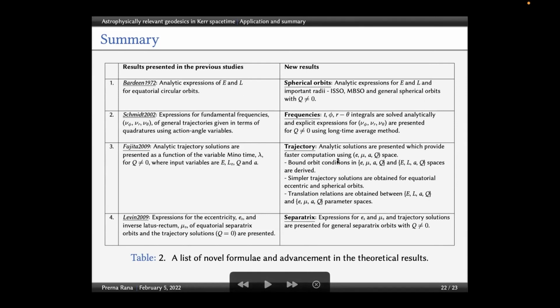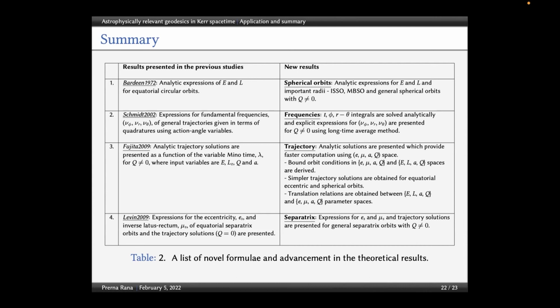And the trajectory solutions are useful to derive various other solutions for the separatrix and spherical case. The important point here is that these trajectory solutions are written in E, mu, a, Q parameter space, which makes the solution simpler and also removes the singularity at the turning points. And finally, the separatrix case that we have studied, with this expression for eccentricity and inverse latus rectum for the separatrix, and their trajectory solution, is also written down.